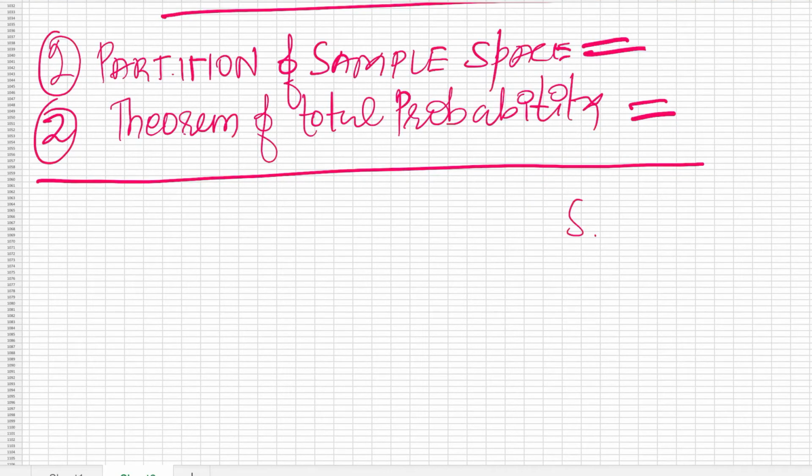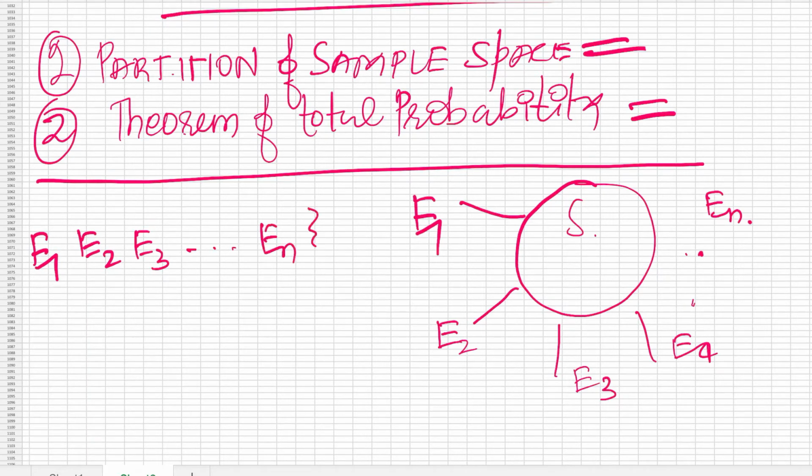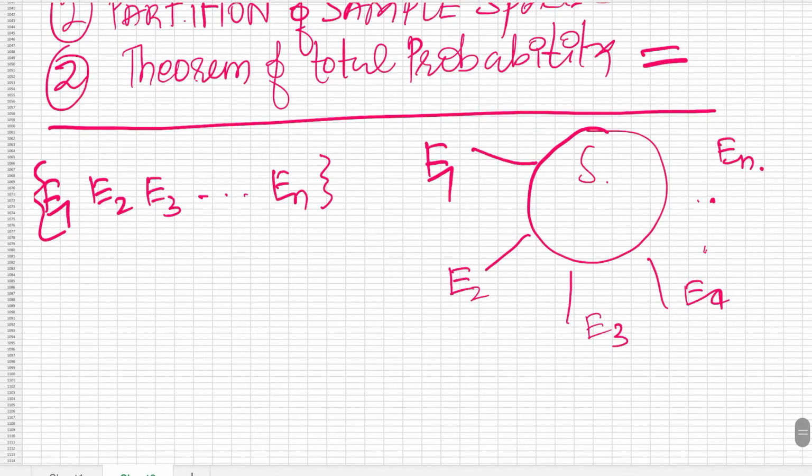So let us try to understand. We have an experiment, and this experiment has S, a sample space, and with this sample space we have a number of events. Let us call them E1, E2, E3, E4, and so on up to En. We have n events. We need to find out whether these events related to the same sample space are a partition of the sample space or not.